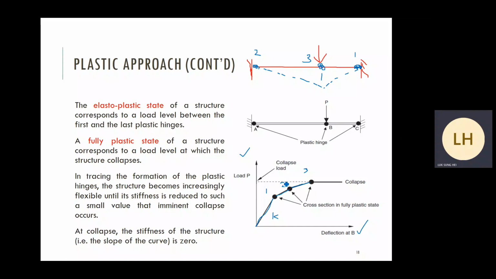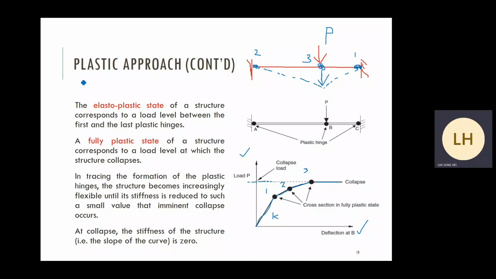After formation of three plastic hinges, we have a horizontal line. This means this fixed end beam can deform in the downward direction without an increase in loading. That means when you keep the loading here, the member will keep settling. Collapse, right, for sure.